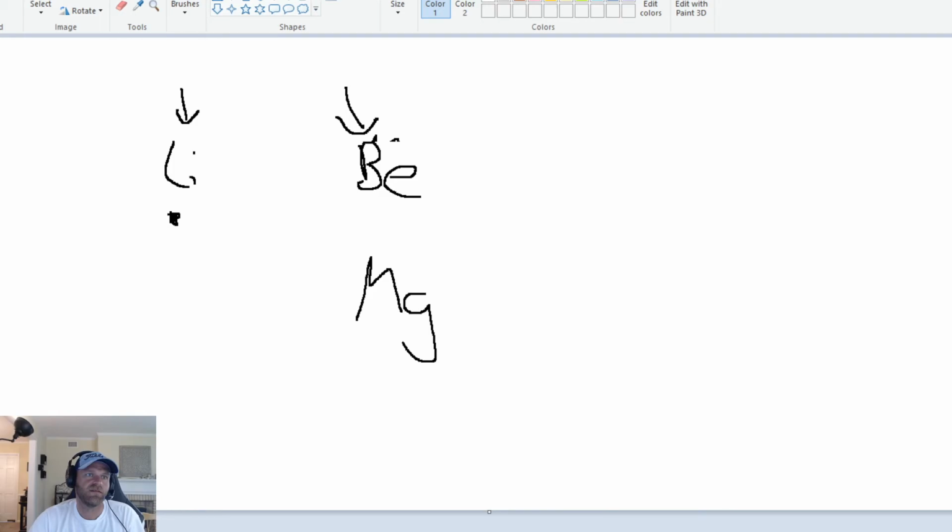Alright, so this first one is going to be lithium. The second one is going to be beryllium. As I add electrons, right, so this one only has one electron on the outer shell. This one here has two electrons on the outer shell, but it's the same shell. So these create forces, right? The electrons are negative, this nucleus is positive, so it creates this force that pulls into the center.